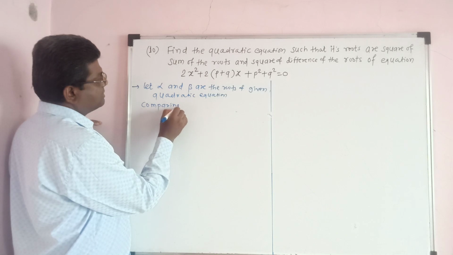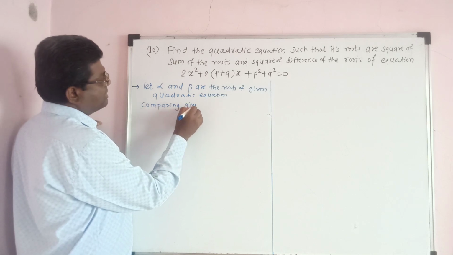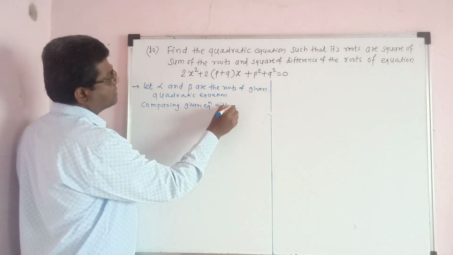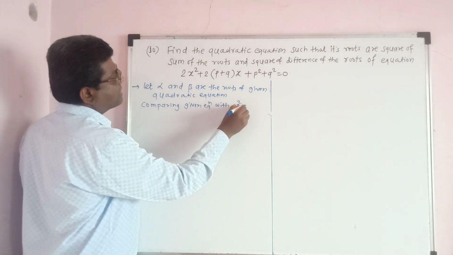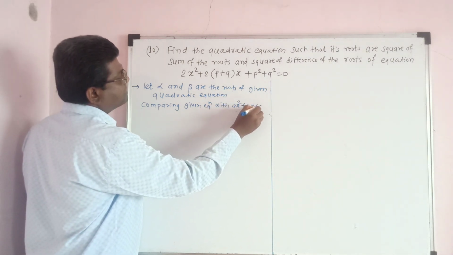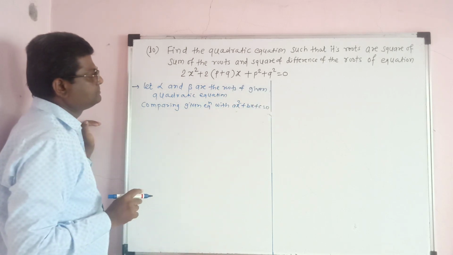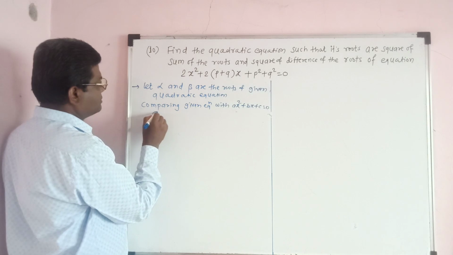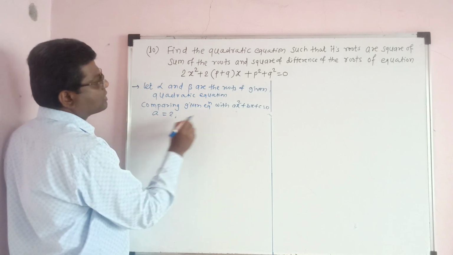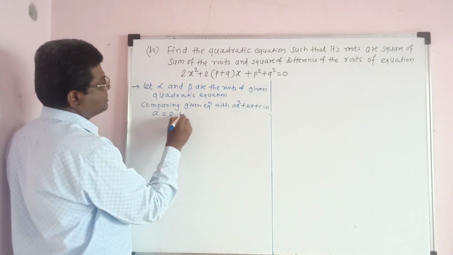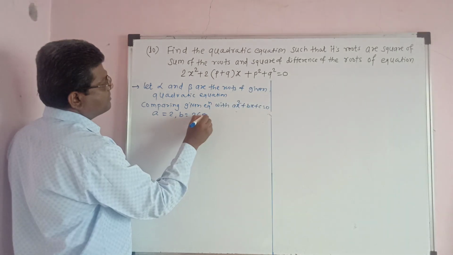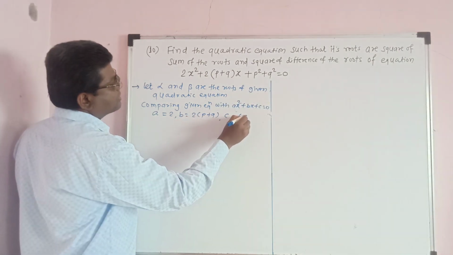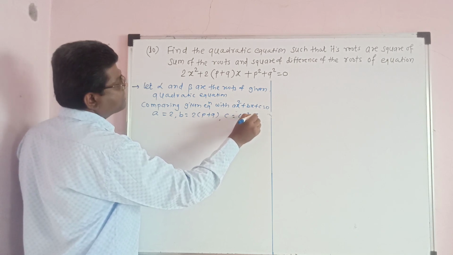Therefore, comparing the given equation with ax² + bx + c = 0, we have a = 2, b = 2(p + q), and c = p² + q².